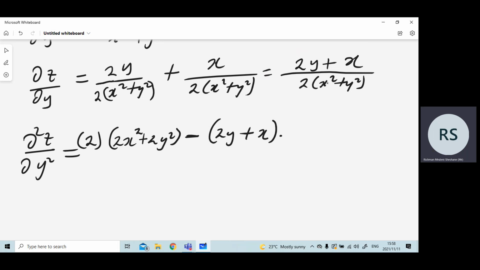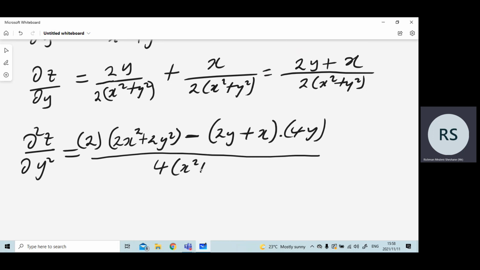You see the first term is a constant because x is a constant. So the second term's derivative is 2y. So 2y multiplied by 2 will be 4y. We follow the quotient rule, all over the denominator squared. So we're going to have 4 times x squared plus y squared, all squared.